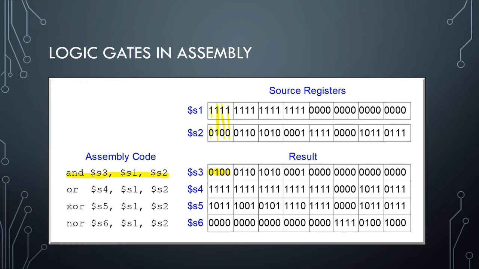For 1 and 0, again on the left-hand side, that does not fulfill the obligations of the logic gate, so the result is 0. This first nibble is what happens when we do an AND gate operation on two registers. Going through the second, we have a 1 and 0 again, and the result is 0.